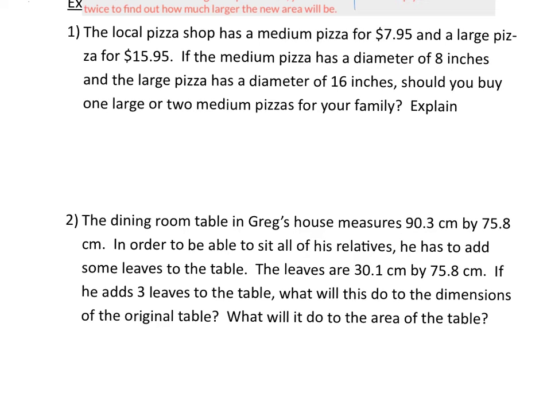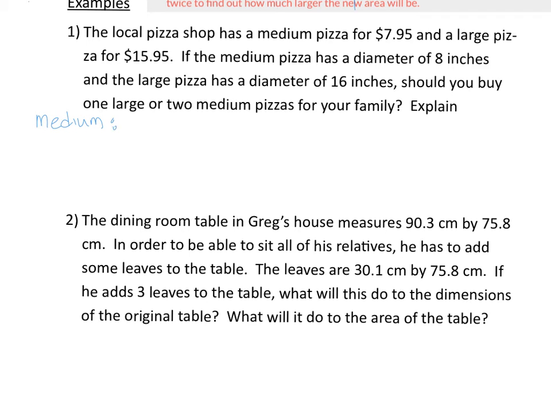Now, initially, everybody wants to say that you need two medium pizzas. And the reason you need two medium pizzas is because it's going to be cheaper and the diameter is going to be the same. Let's do the math to actually figure out if that's true. So if we're talking about the medium pizza, we know that the area of a circle is pi r squared.